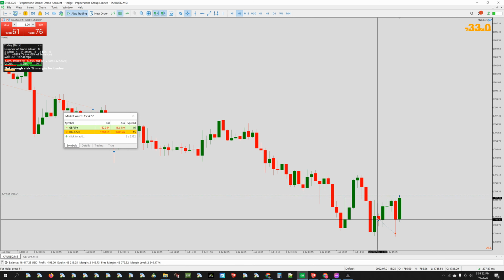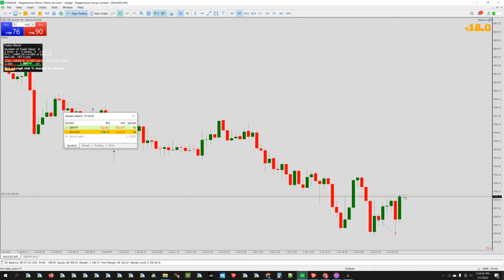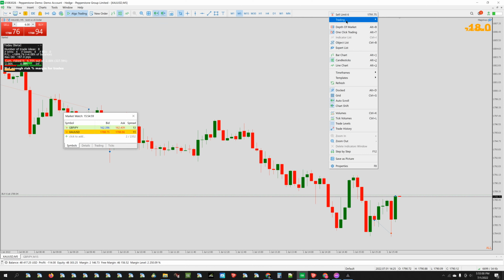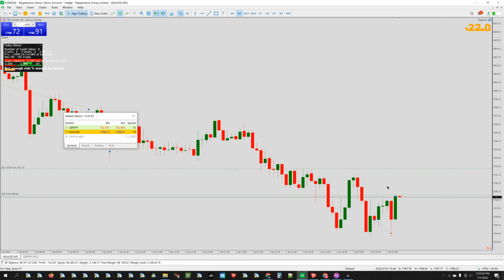You see our stop loss on the previous buy has now hit. I will execute a buy position above 1791.